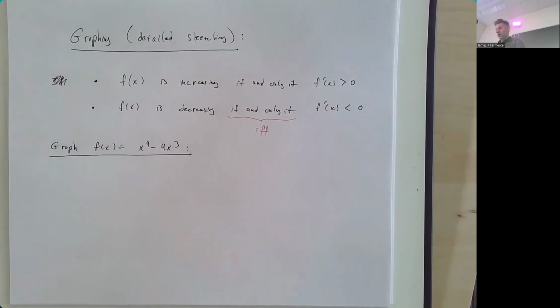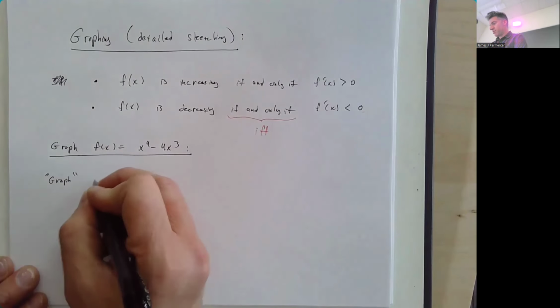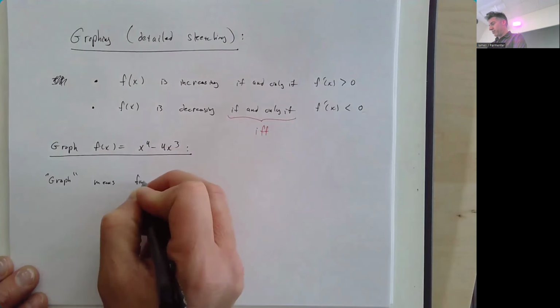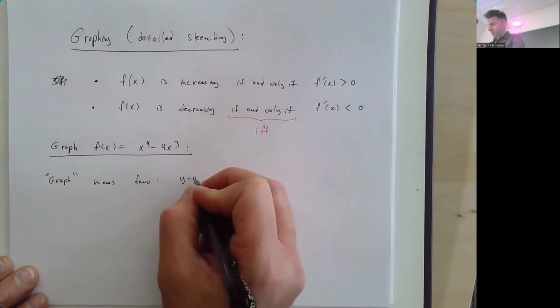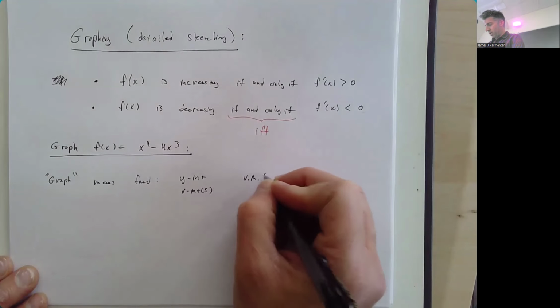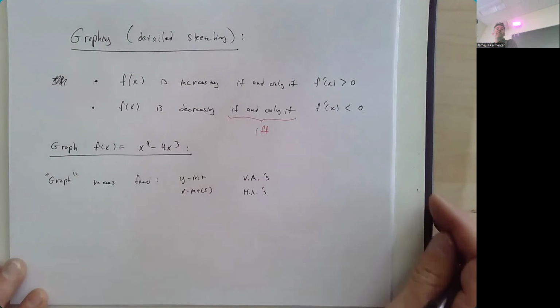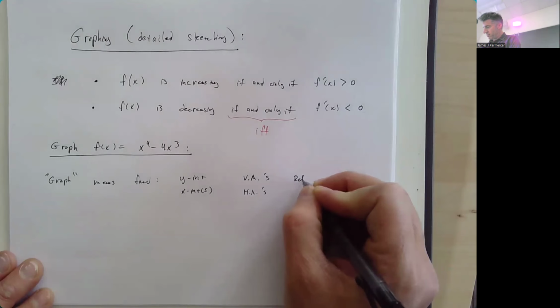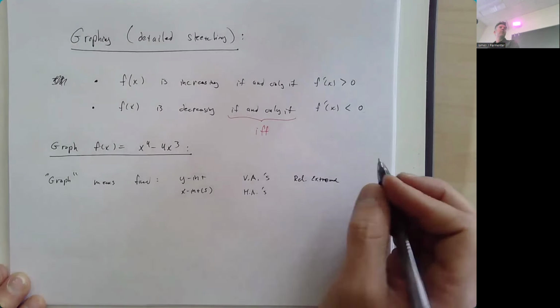When I say graph something, this is going to mean find the following: the y-intercept, the x-intercepts, any vertical asymptotes, any horizontal asymptotes. What I often call the first derivative stuff, which is the relative extrema, and where the function is increasing or decreasing.